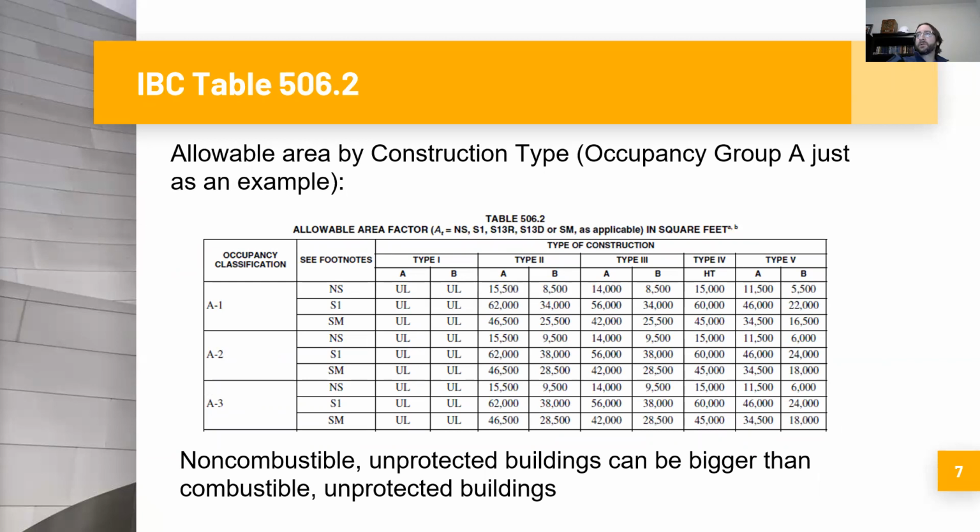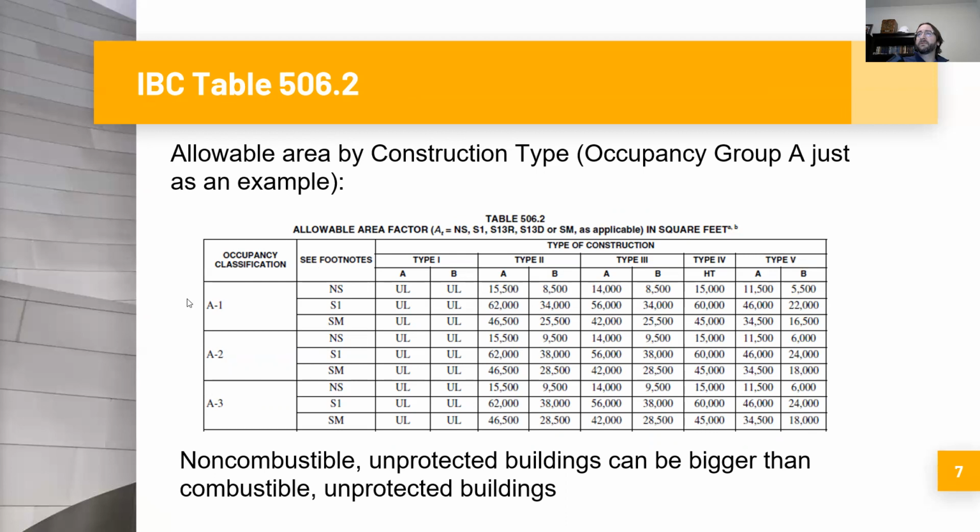So let's just give an example of what the significance of this is. Just as an example, we're going to look at the allowable area factor. That means how big the building is allowed to be based on its construction type. In this example, we're just going to be using occupancy group A. That's the assembly occupancy classification. But you can see that when you go to type 5, which again, we're going to be considering basically combustible materials, and type 5B, meaning it's not protected, you're limited, in this example, to 5,500 square feet.